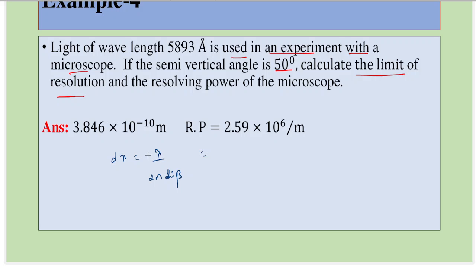This is 1.22 into lambda. It is equal to 1.22 into lambda, here lambda is 5.893 into 10 power minus 7 by 2 into, here nothing is given about n, so we can take n to be equal to 1, into sine 50 degrees. 1.22 into 5.893 is equal to 7.189 into 10 power minus 7 by 2 into sine 50.